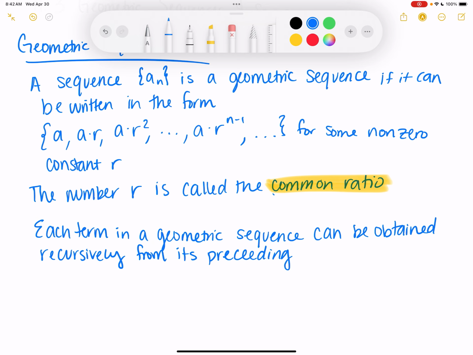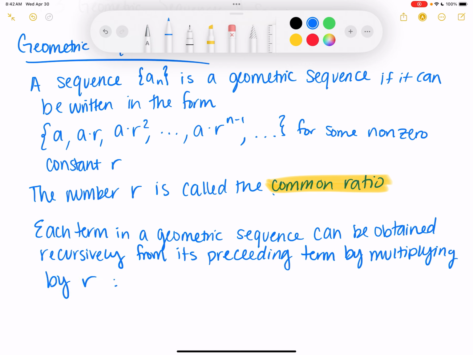Anyways, but we did that on Monday, and then yesterday we did 11.2. Today we're doing 11.3, but it's not anything super crazy. So, okay, each term in a geometric sequence can be obtained recursively from its preceding term by multiplying by r.